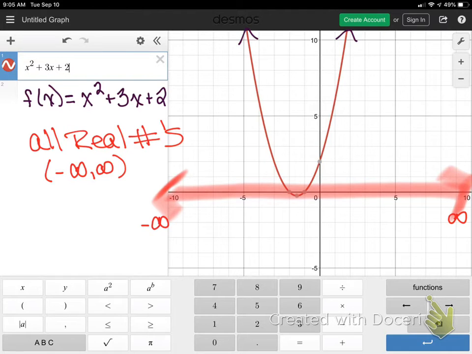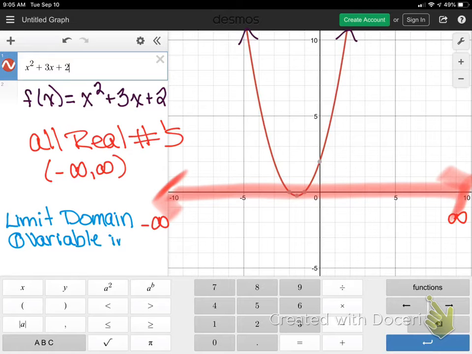For the purposes of this class, the two situations where you have to limit your domain are when you have a variable in the denominator, or if you've got a variable in a square root.